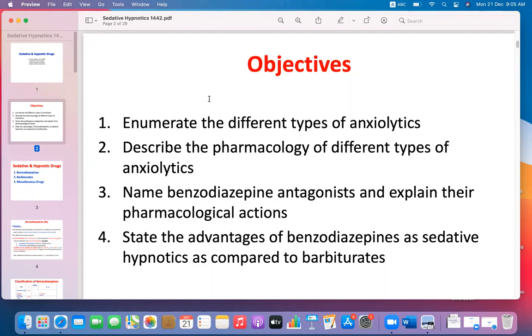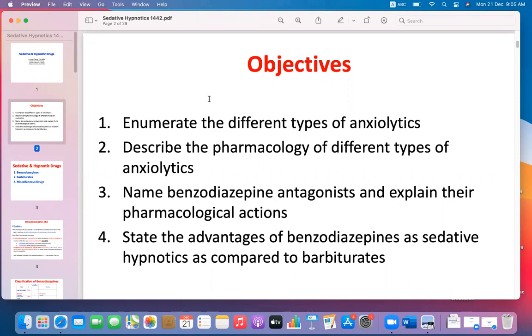Anxiety is generally fear, stress, tension. So the anxiolytics are the drugs used to treat anxiety, and generally sedatives are used in the management of anxiety.